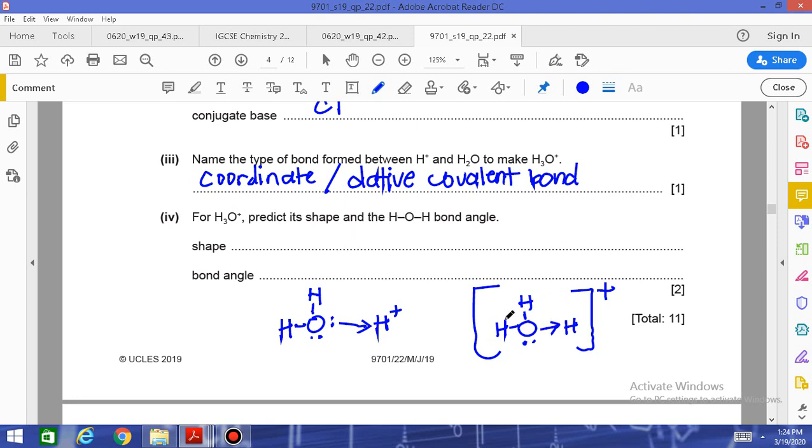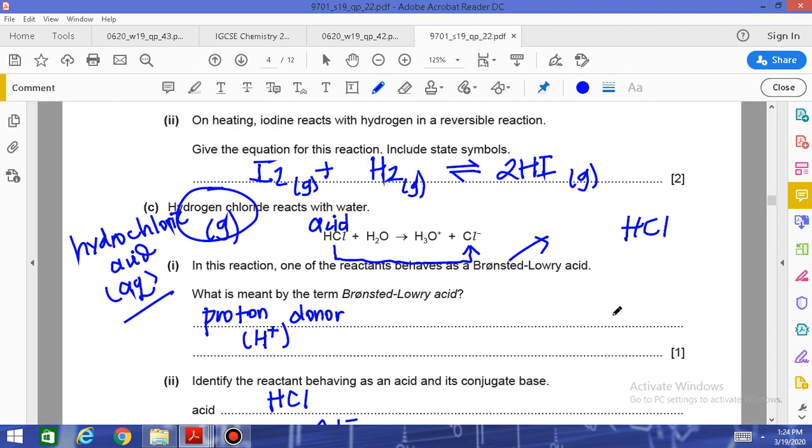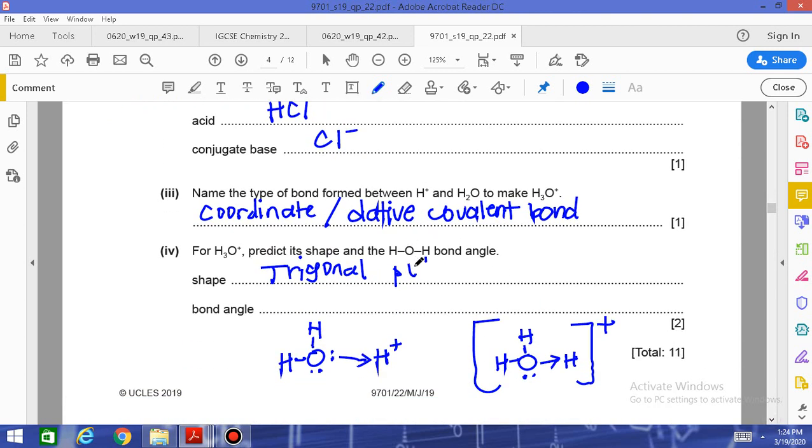We have three covalent bonds here and one lone pair of electrons, so the shape must be trigonal pyramidal, with a bond angle of 107 degrees.